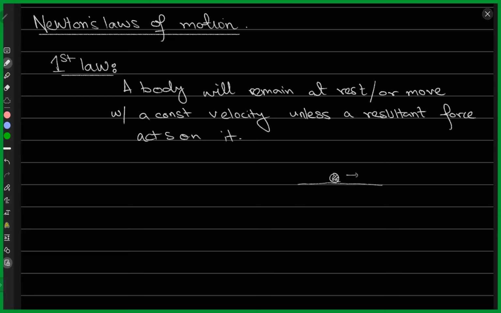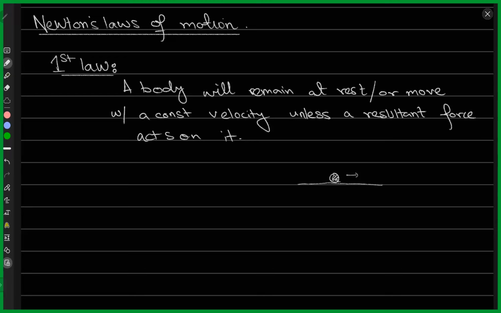After, it will keep moving, and after some time, it will slow down, right? But according to the first part of this law, you would not expect the ball to slow down. If it was moving at some speed, it should have kept moving at that speed. So why does this ball slow down? Does anyone have any idea? Any thoughts? It's because of friction and air resistance. Good. Yes, more or less that's the right answer.